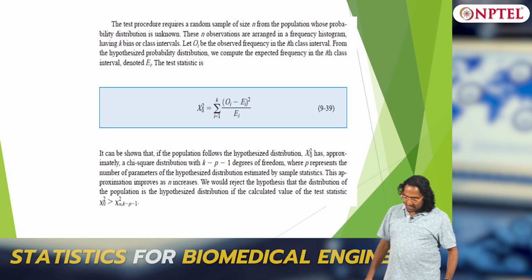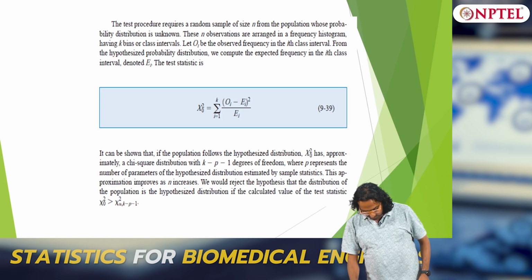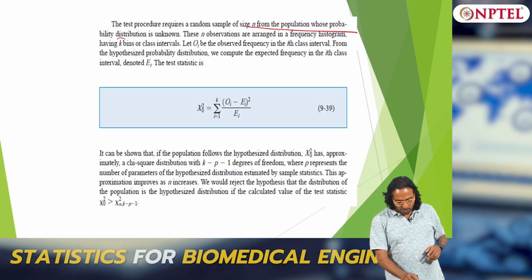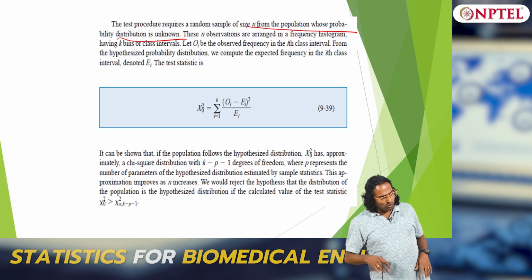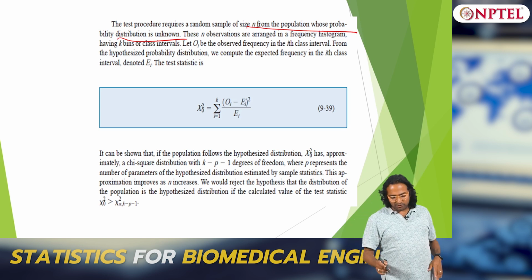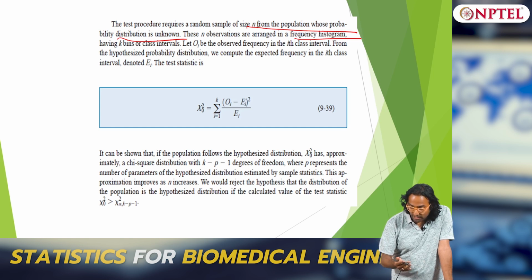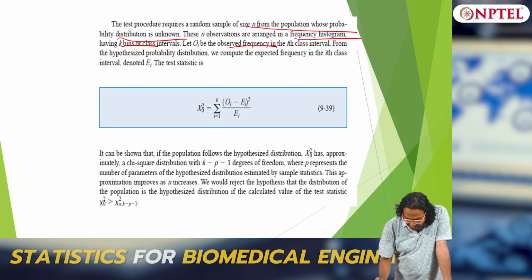So the procedure, if you go through it, requires a random sample of size n whose probability distribution is unknown. So you do not know the underlying population distribution, you take n samples. These n observations are arranged in a frequency histogram. We know what a histogram is, so we arrange it in a histogram fashion having k classes or intervals. Let Oi be the observed frequency in the ith class interval.